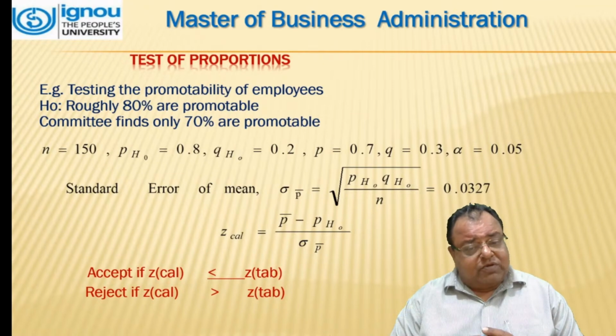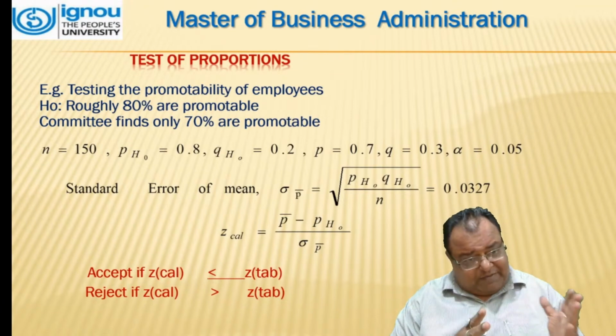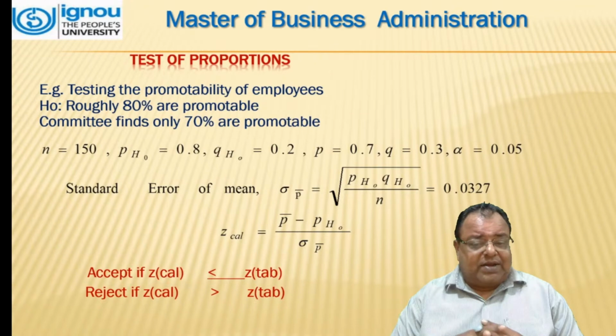Here we are going to use the standard error formula, that is sigma P bar, which is equal to the square root of P H naught Q H naught upon n. All the values are available to us. We get the value of 0.03.